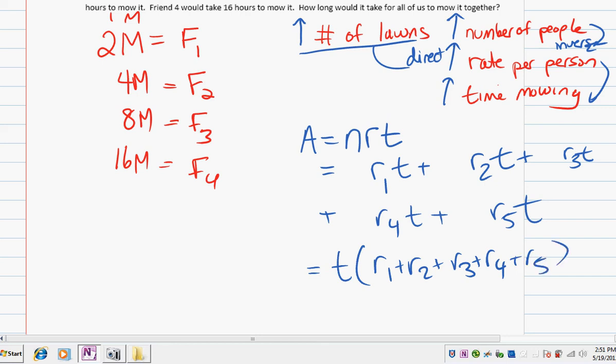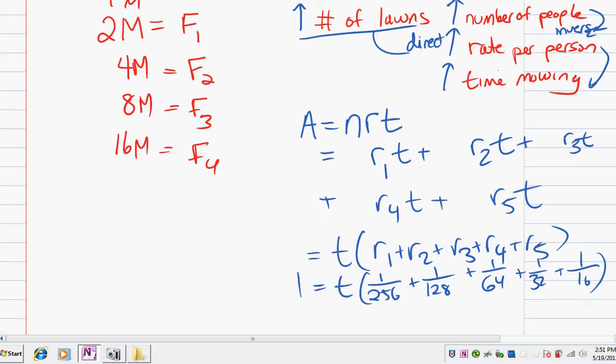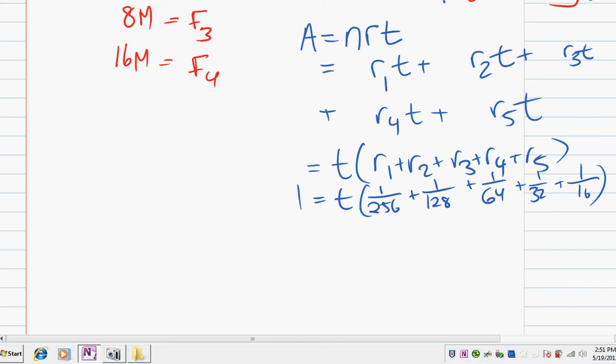And so these rates are, well, 1 lawn per 256, 1 per 128 hours, 1 per 64 hours, 1 per 32 hours, 1 per 16 hours. You add that up times time and you get 1 lawn, because these rates are 1 lawn per this number of hours. You could have also done it by yards. You should have come up to the same thing.